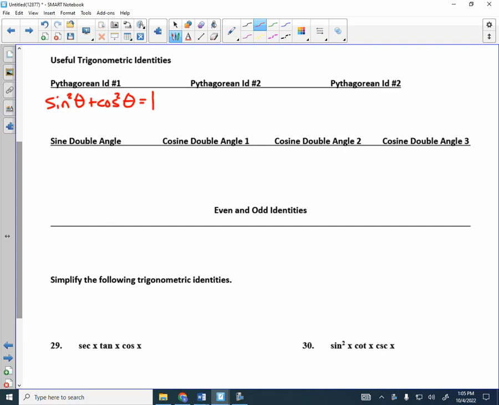The second Pythagorean identity is 1 plus tangent squared of theta is equal to secant squared of theta. Those two are used all the time. This one is not used as much: 1 plus cotangent squared of theta is equal to cosecant squared of theta.